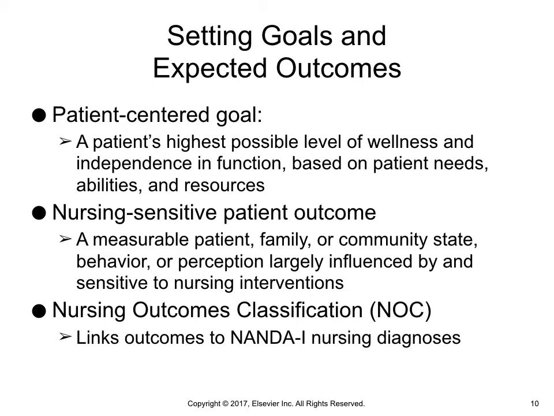Using standardized nursing terminology such as NOC makes it more possible to measure aspects of nursing care on a national and international level. Please review Table 18-2, Examples of NANDA International Nursing Diagnoses and Suggested NOC linkages, as a supplement to this PowerPoint.